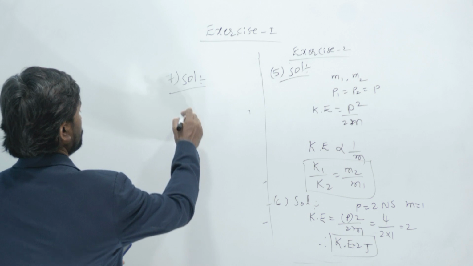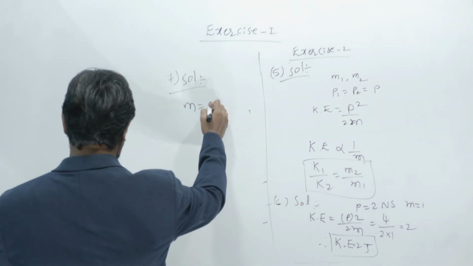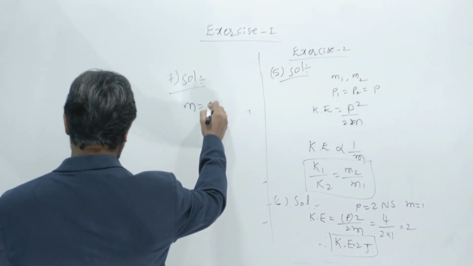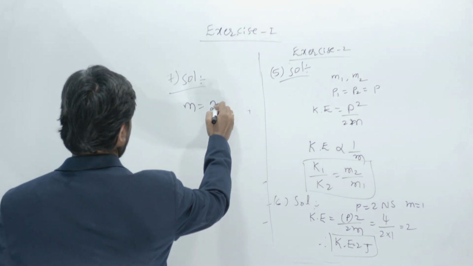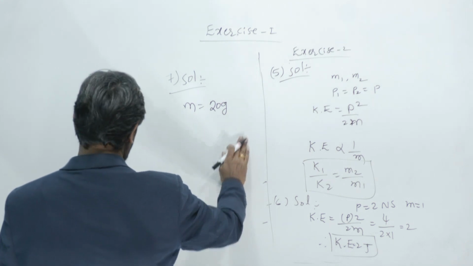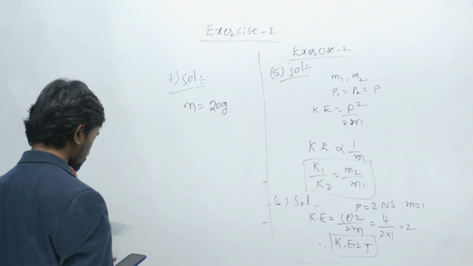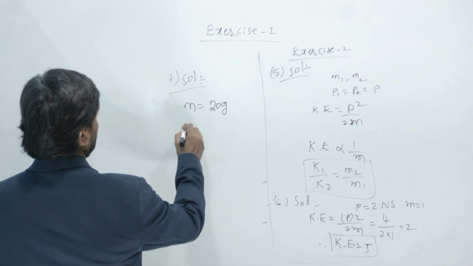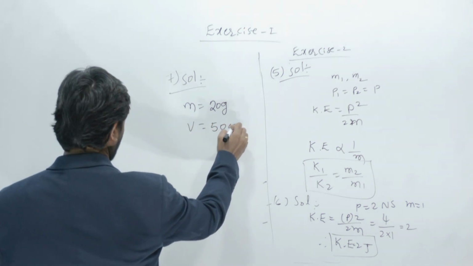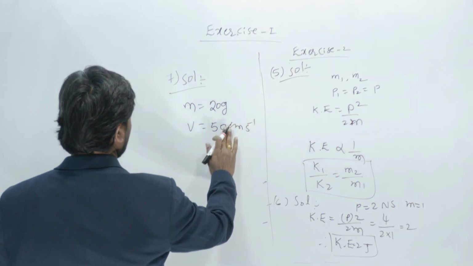The mass is 20 grams, and all the options are given in gram centimeter per second. So V is 5 centimeter per second.